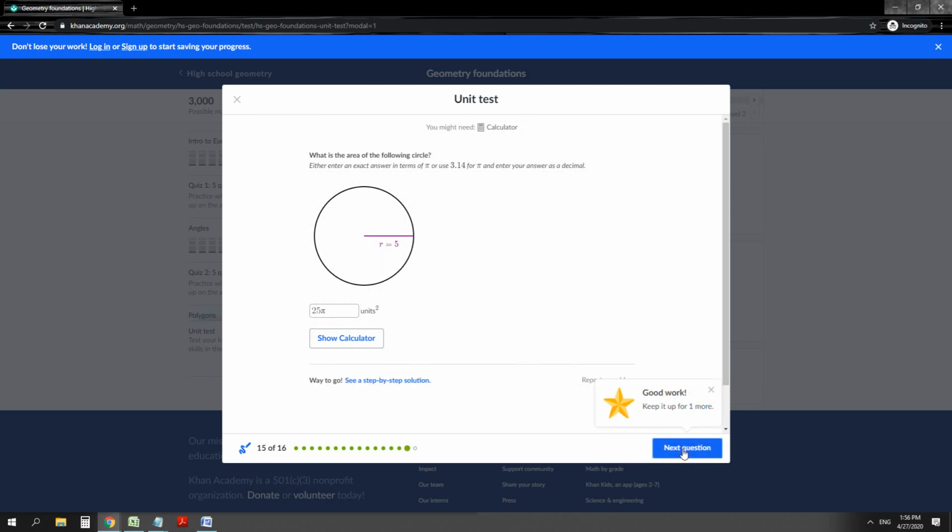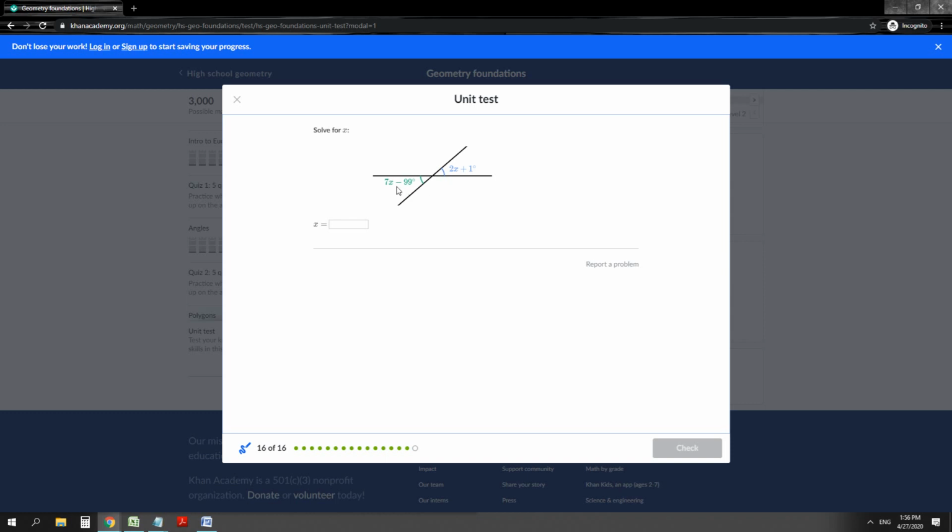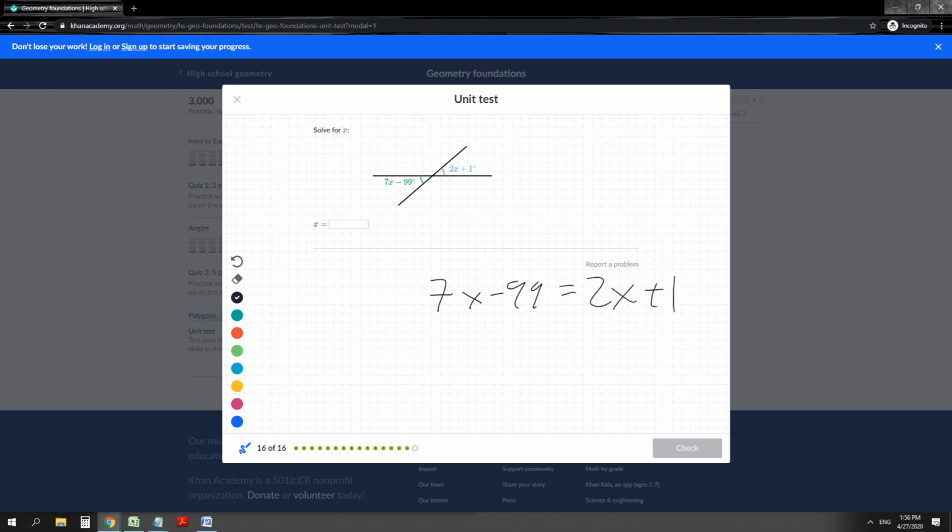Check. Good to go. Here we have 7x minus 99 and 2x plus 1. These are equal to each other by vertical angles. So really what we have here is 7x minus 99 equals 2x plus 1.